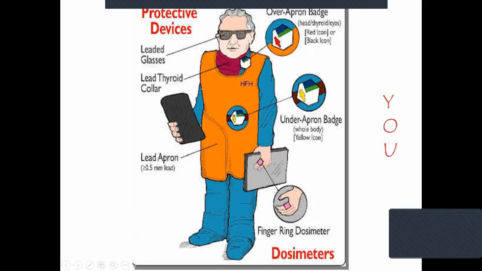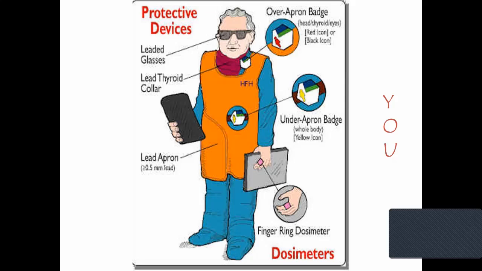This one is the lead apron, right? So this much safety apparel we should use for the person who is working with radiation or taking the X-ray, the radiographers who wear it while taking the X-ray, right?